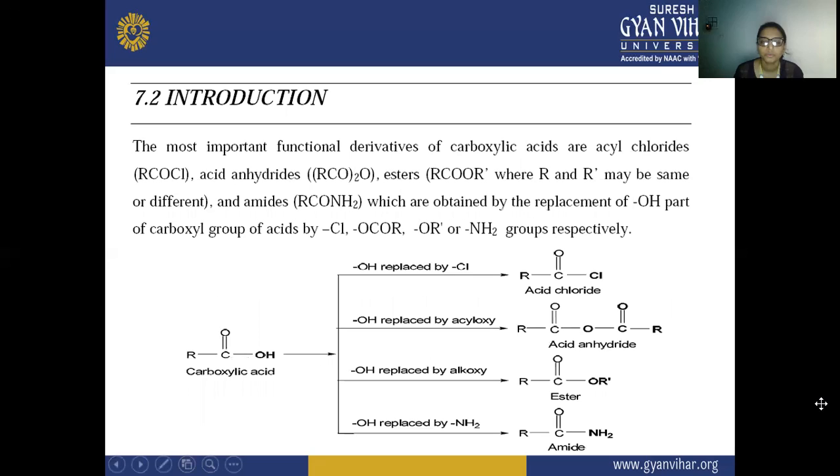The most important derivatives of carboxylic acid are acyl chlorides, acid anhydrides, esters, and amides, which are obtained by the replacement of the OH part of the carboxylic group of acids by Cl, OCOR, OR or NH2 group respectively.